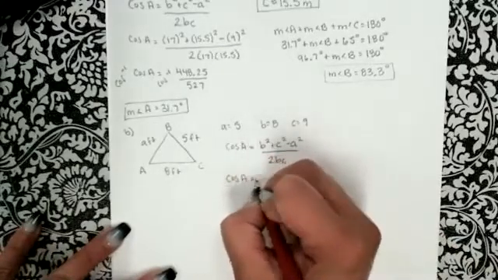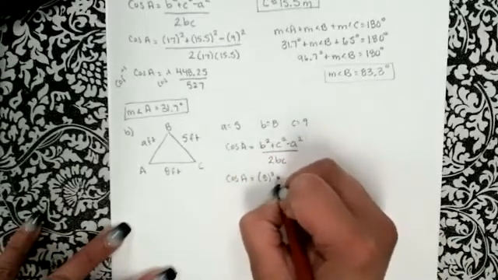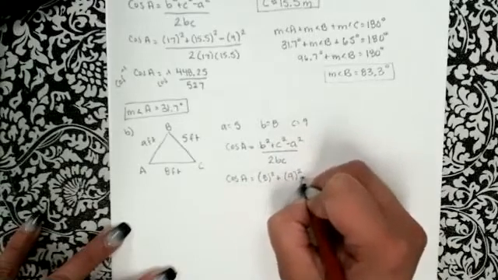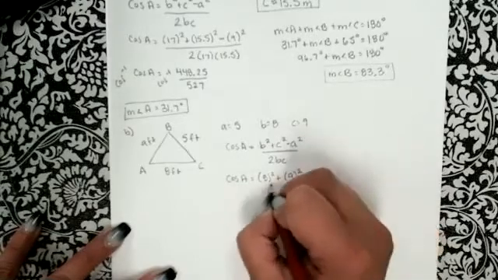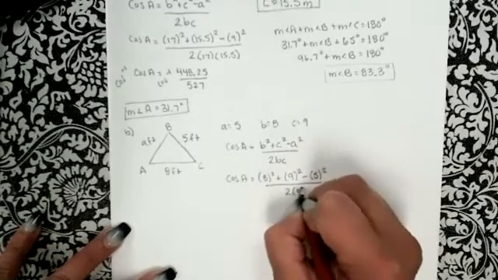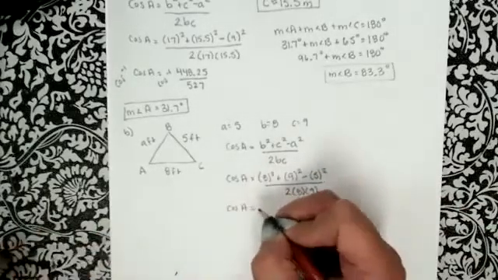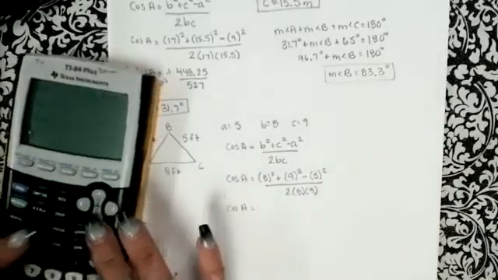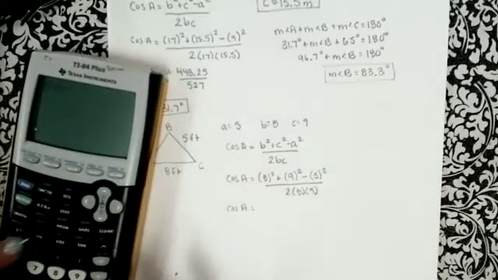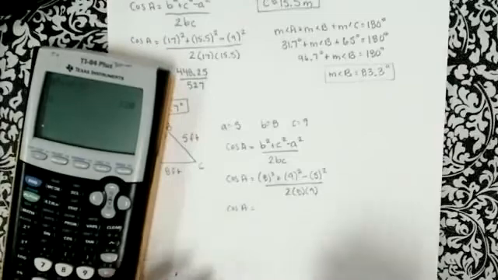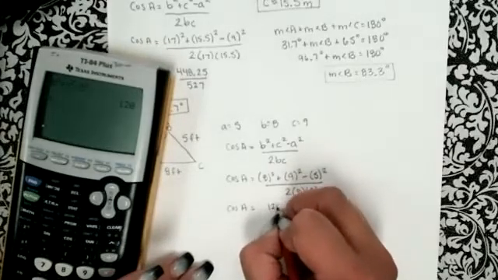This is just a lot faster. So cosine of A equals B is 8 squared, C is 9 squared minus 5 squared divided by 2BC. I'm going to type in all my numerator in there. 8 squared plus 9 squared minus 5 squared. And the numerator is 120.